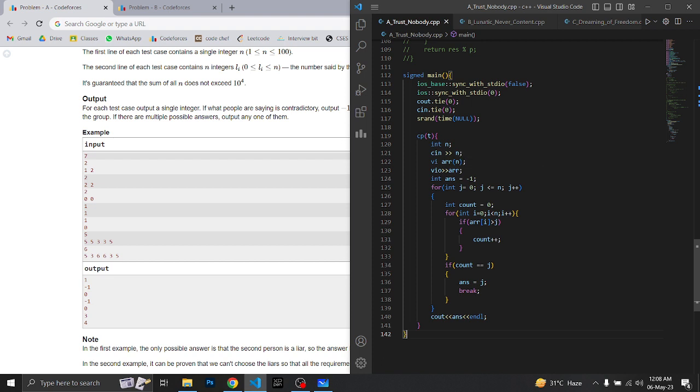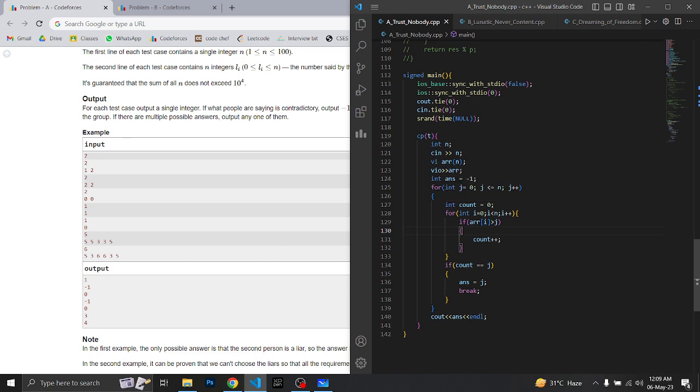Here we took input in the array, and then we iterate from j equal to 0 to j equal to n, so that we count how many persons are lying. If j is 0, it means there are 0 people lying. If it's 1, it means there is 1 person lying.